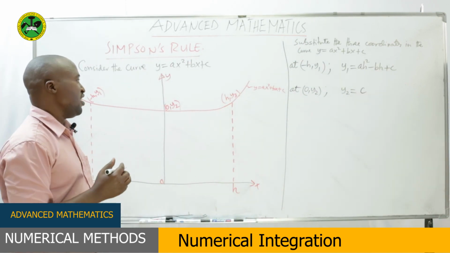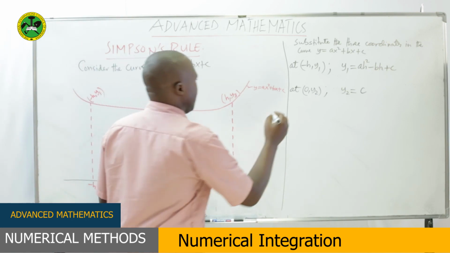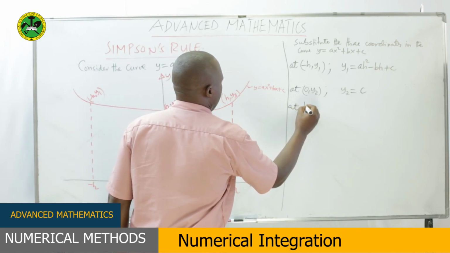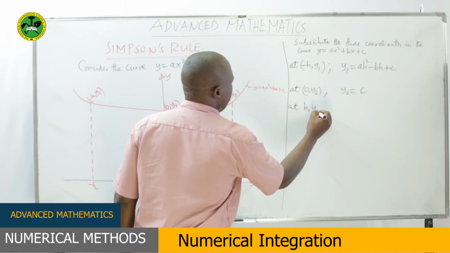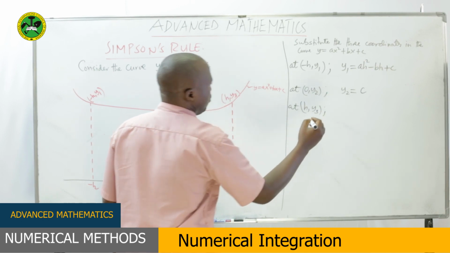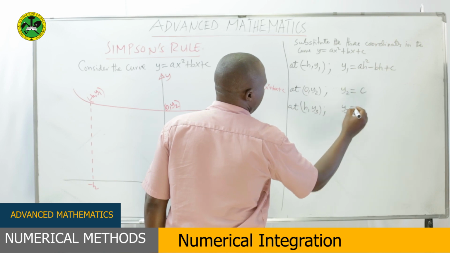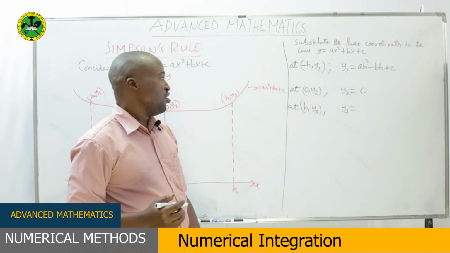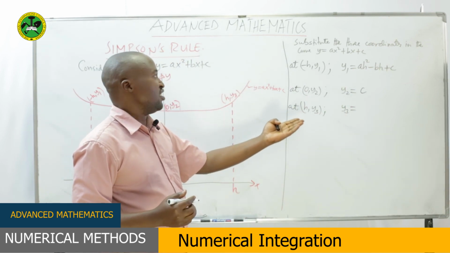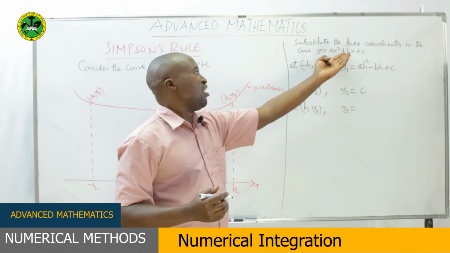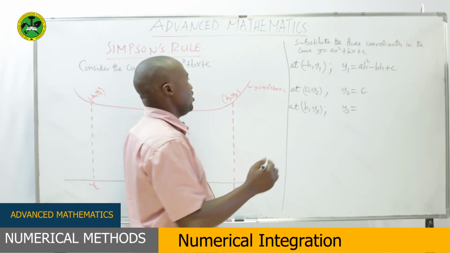Then for the last coordinate, that is at h comma y3, we are going to have y3 is equal to, so the value of x is h, substitute in our quadratic function.